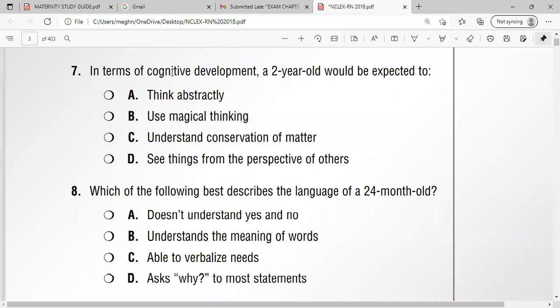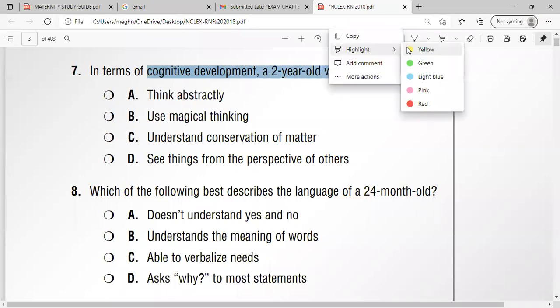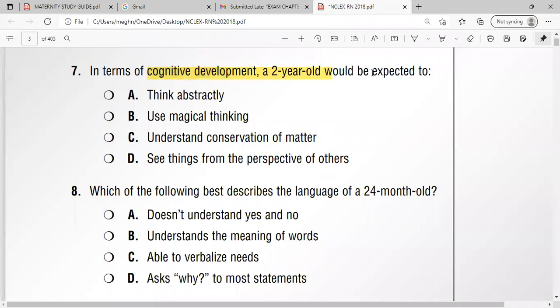In terms of cognitive development, what is expected of a 2-year-old? So the question is about cognitive development, and my client is 2 years old. So which would be the expected finding? Number A, think abstractly.